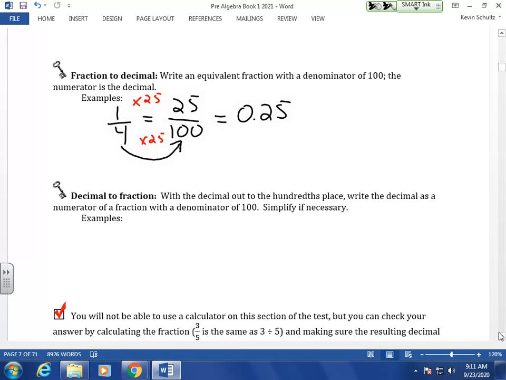Let's do the fraction 3/5. Write that as a decimal. Again, we want to say, what is this equivalent to over 100? How do we get from 5 to 100?